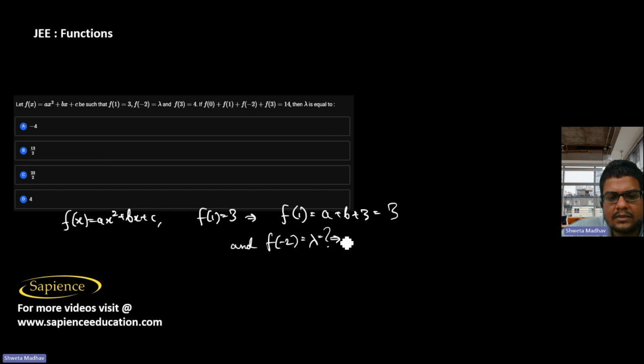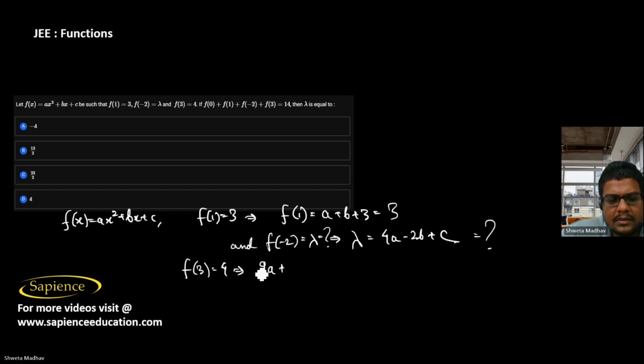So lambda will be equal to 4a minus 2b plus c. This value has been asked. And also f of 3 is equal to 4. This implies that 9a plus 3b plus c is equal to 4.